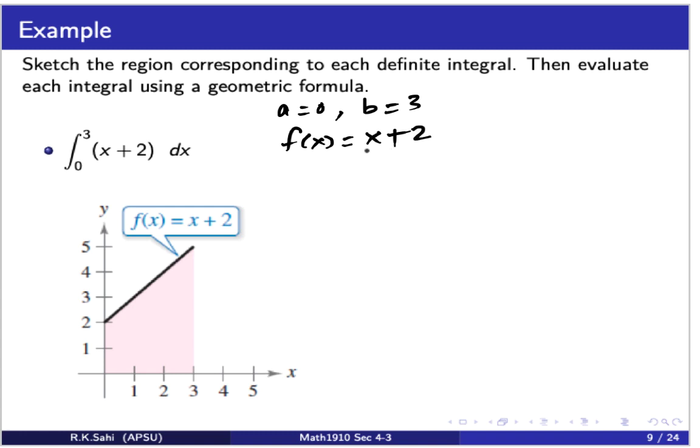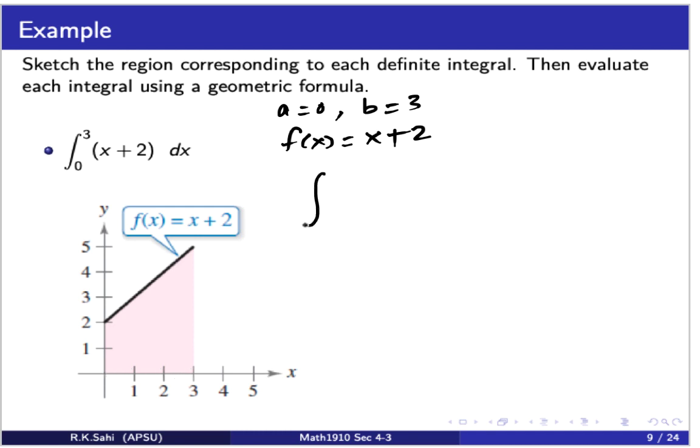Now what is this function? It's a linear function with slope 1 and a y-intercept 2. Clearly, by the theorem we just saw, this function is continuous and non-negative in the closed interval.